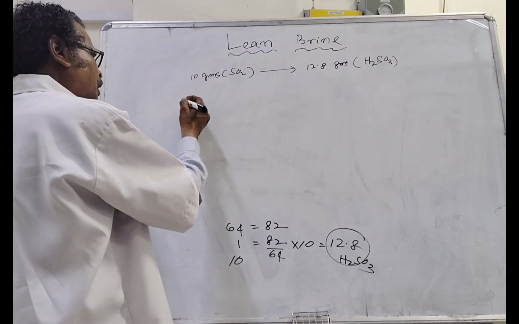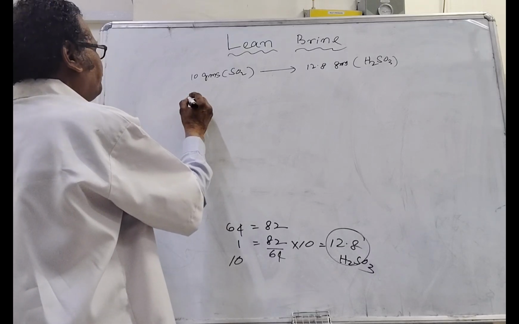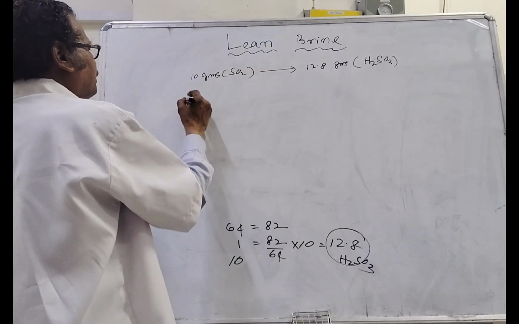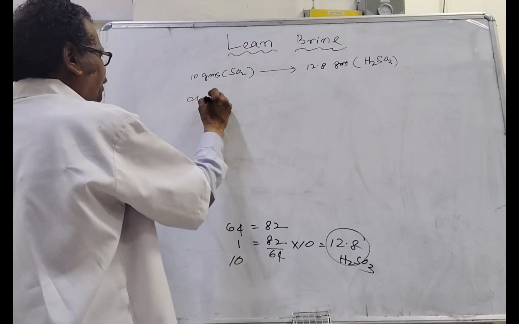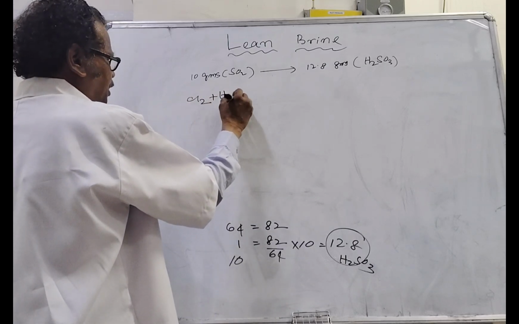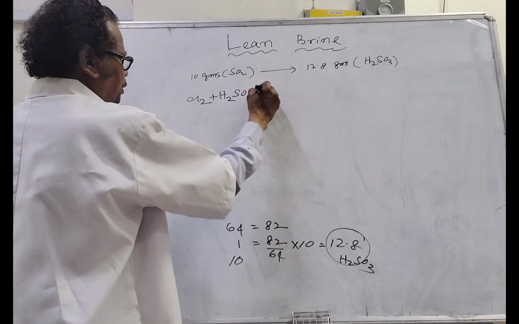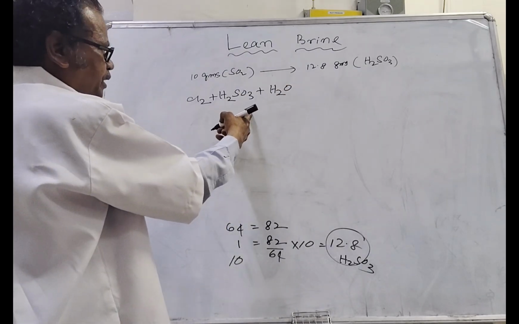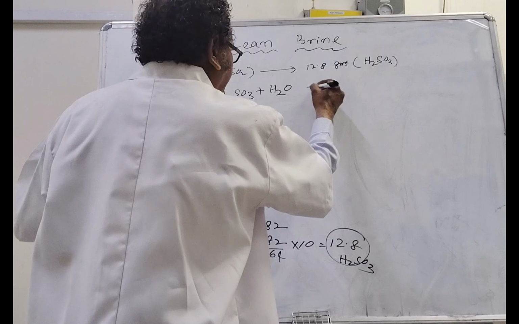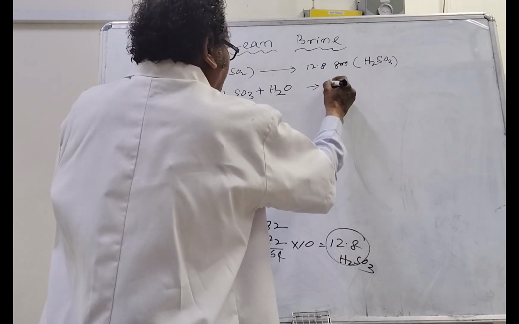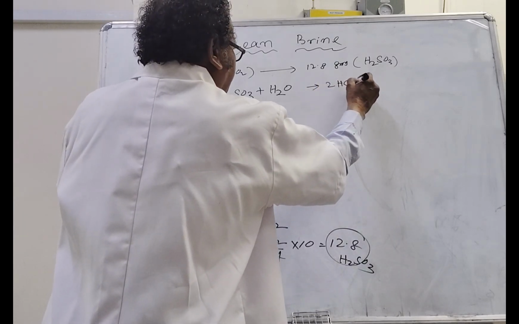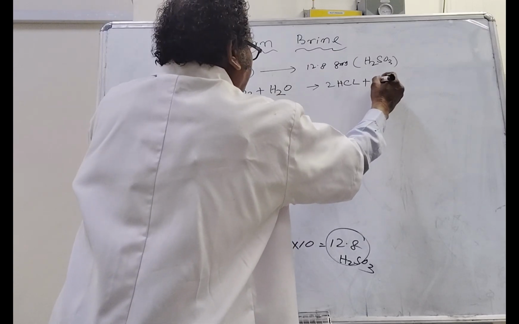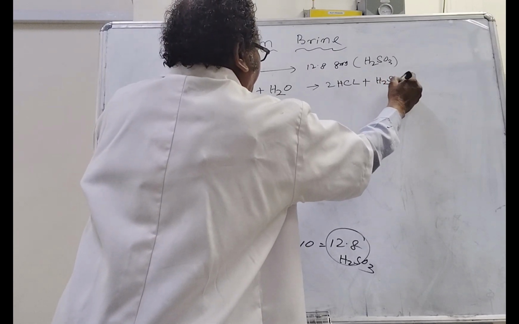Now you see here, chlorine plus H2SO3 plus water. This is the Lean Brine reaction. It gives 2 HCl plus H2SO4.